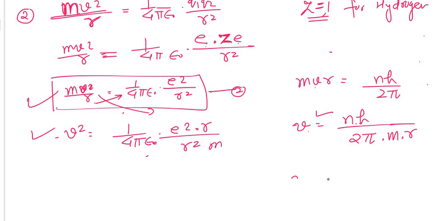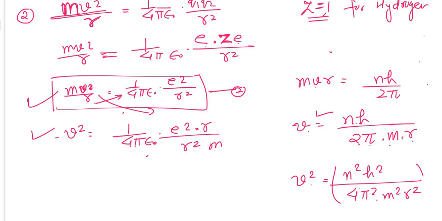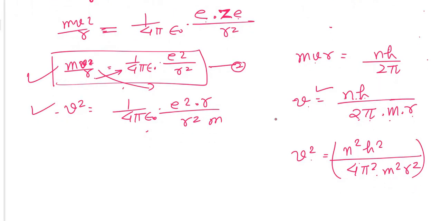From here, what will be v square? I squared both sides. So v square is n square h square by 4 pi square m square r square, which I have written. Let me call it equation number 3 and this equation number 4. From these two, can I write 3 is equal to 4?